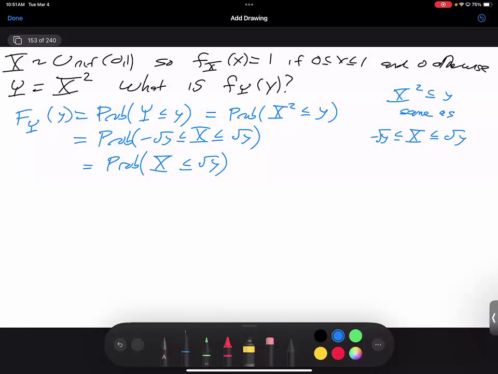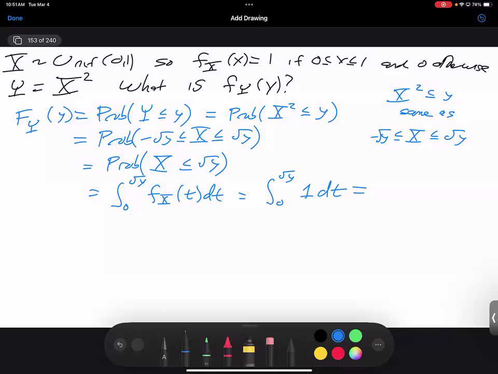And so to do that, we now just need to integrate the density function from 0 to the square root of y. Well, this is nice because we have a uniform random variable, so the density function is just 1. And this is one of the nicest integrals I can give you. What's the integral of 1 from 0 to root y? It's just root y.